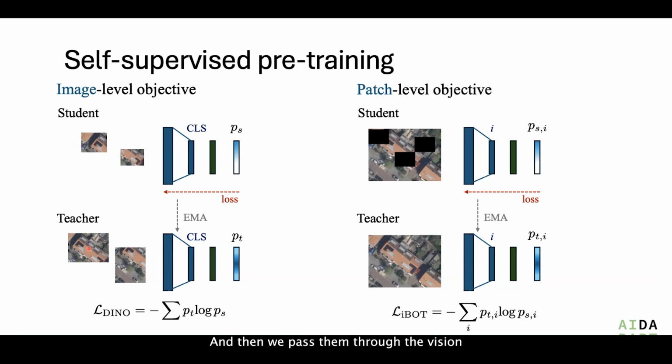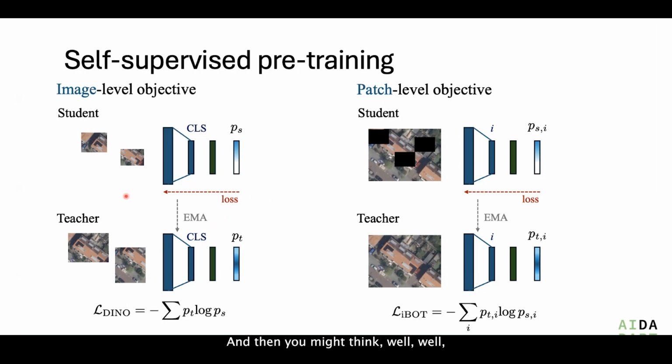And then we pass them through the vision transformer. We get the embedding, we have a softmax, and then we get a kind of probabilities over those embeddings. And what we do is to compute the cross entropy between the teacher and the student. And once we get that loss, which is here, we backpropagate, so we train the student.